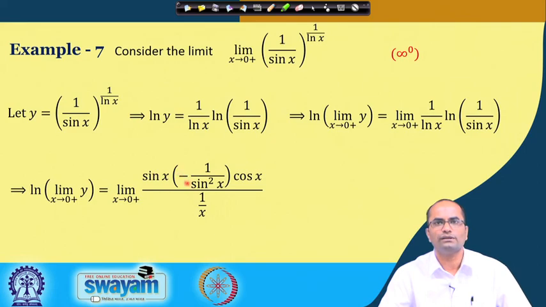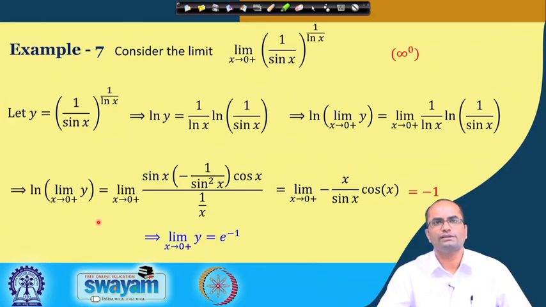So, we have here the cos x over sin x term and then the x there. So, minus x cos x over sin x, and now we know that this x over sin x limit as x goes to 0 becomes 1, and then cos 0 is also 1. So, we have this minus 1, and then taking the exponential of both the sides, we will get the limit as x goes to 0 of y as e to the power minus 1.